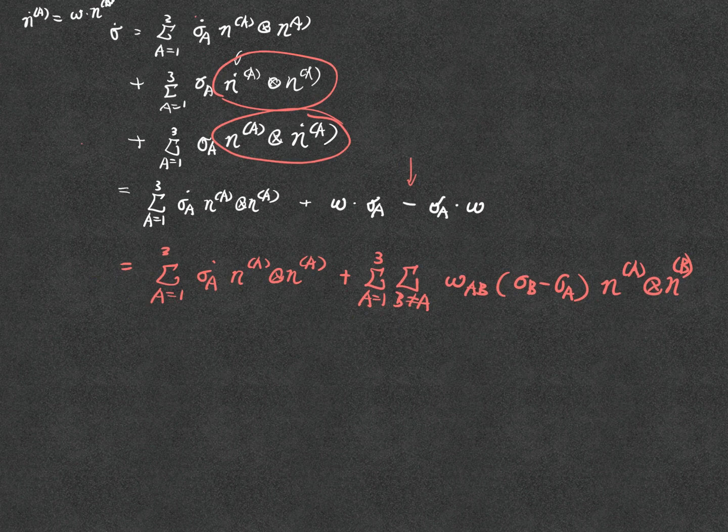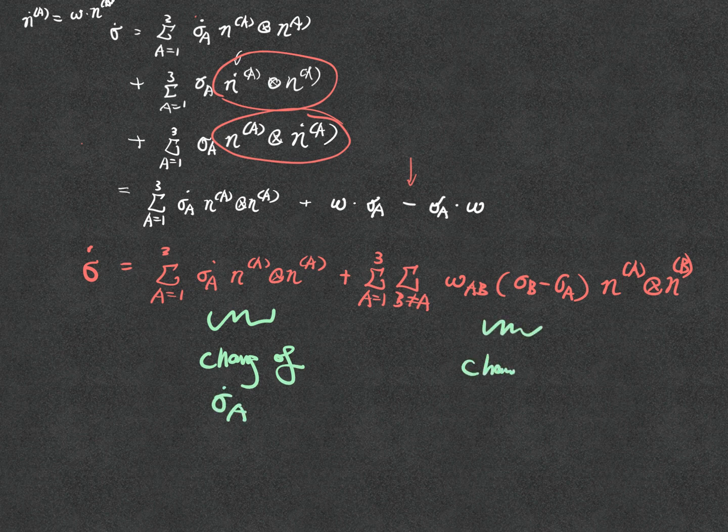This is sigma dot. The first term corresponds to the change of eigenvalue. The second term corresponds to the change of directions. Does that make sense?